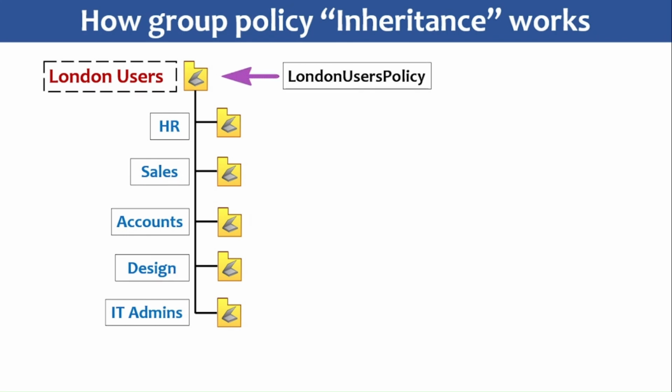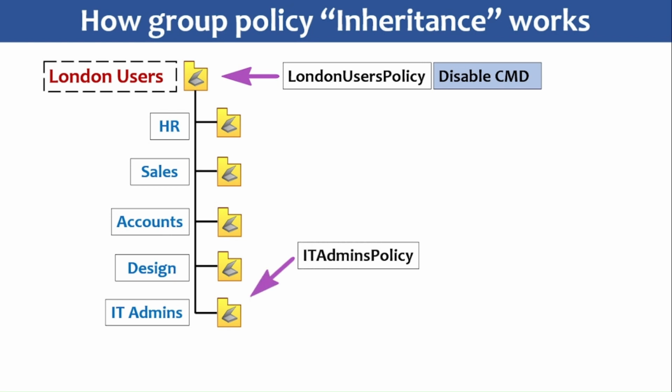Now we have linked a policy named London users policy, and in this policy we have disabled the command prompt, and we have linked the policy at the London users OU. We have one more policy, IT admins policy, linked at the IT admins OU, and in this policy we have set up a different proxy server for IT admins.